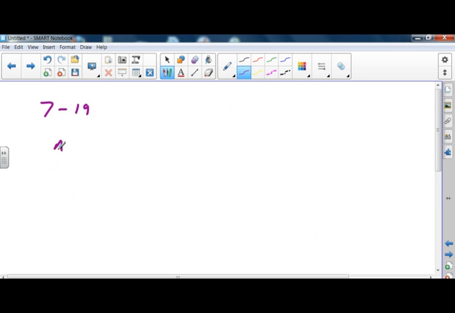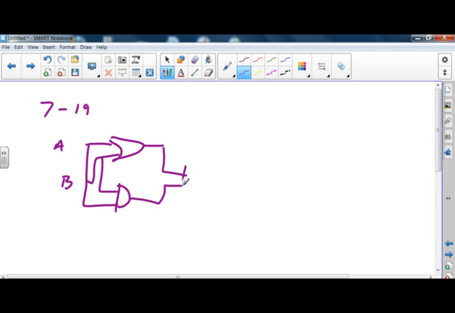So I got A, I got B, and they go into there, and they go into here, and they go down like that, and we said this is summation, and then we come over like this, and we say that that's the carry out.